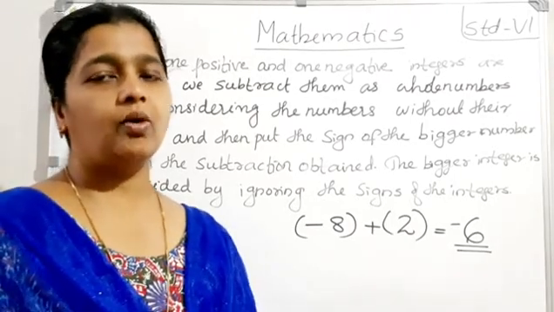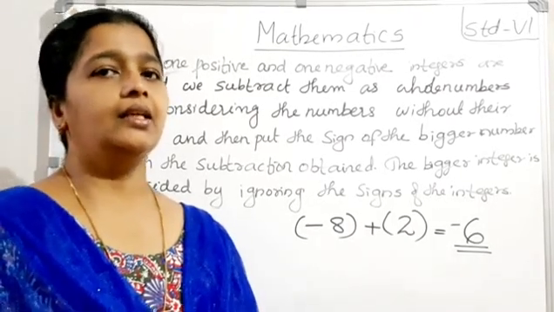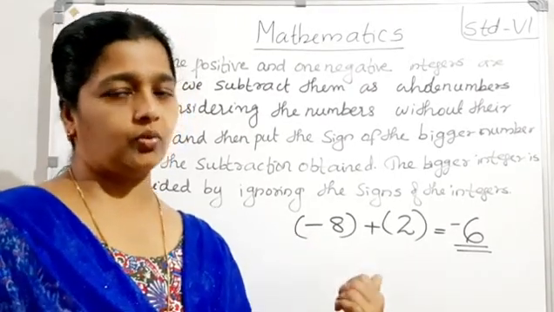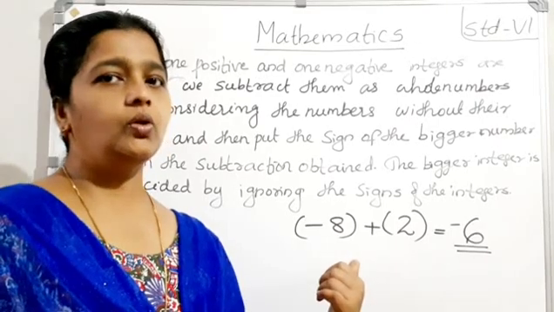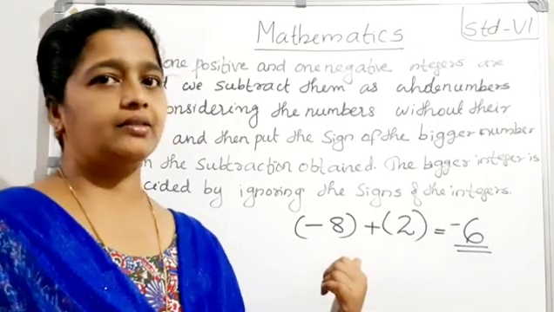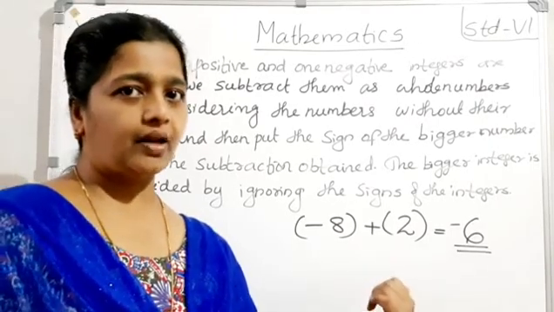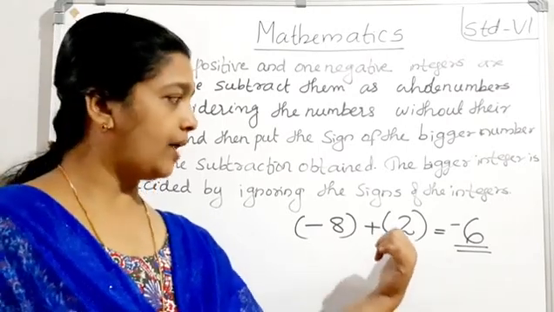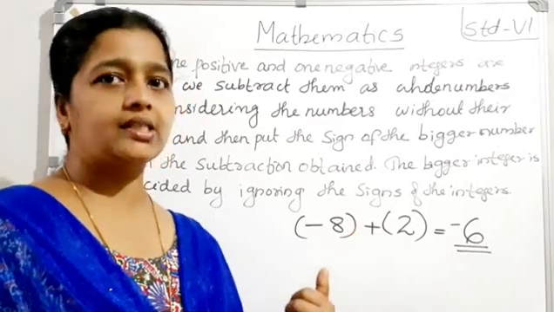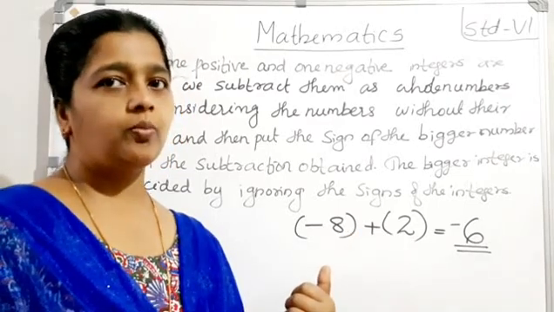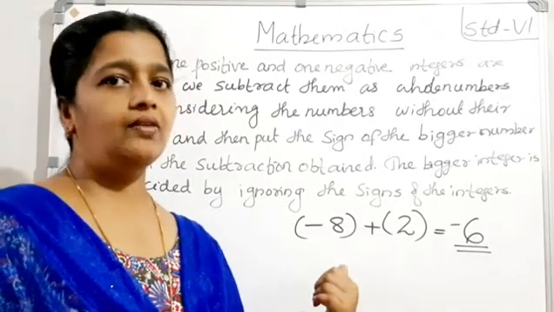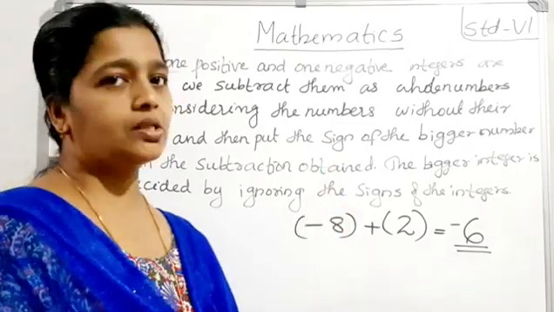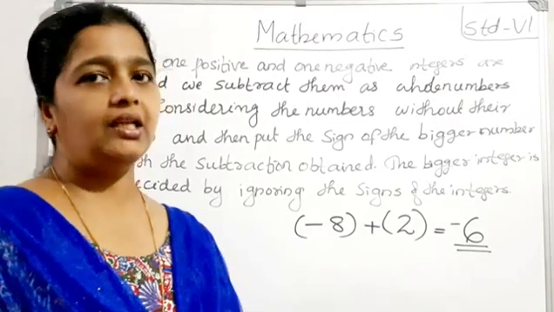Understand? Once more, from the question here, -8 and +2. First you take the greatest number 8, then subtract the smallest number. 8 minus 2 equals 6. Then which symbol must you put? The negative symbol. Understand? This is the rule for one positive and one negative number.